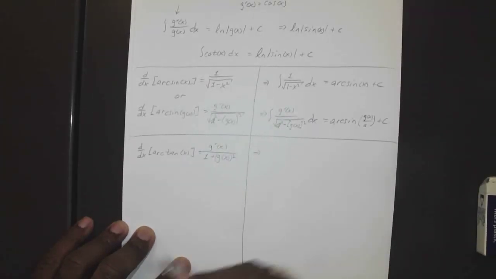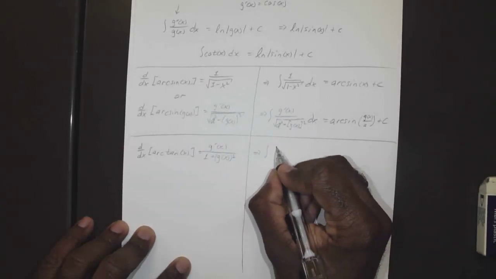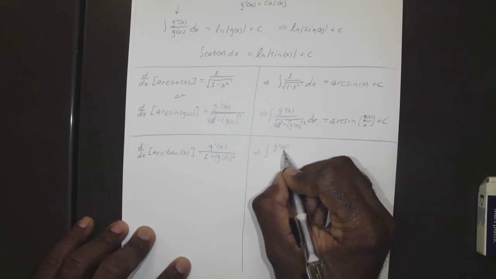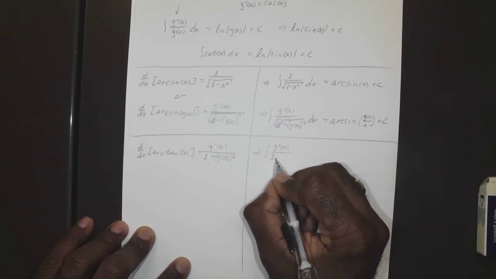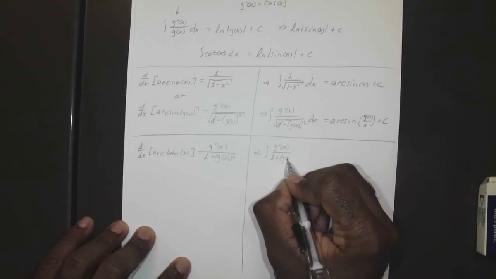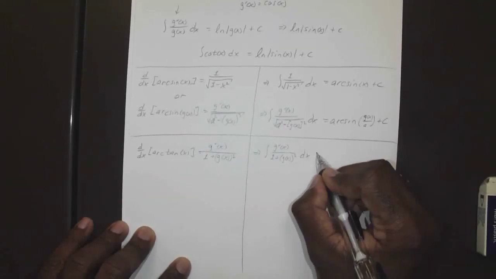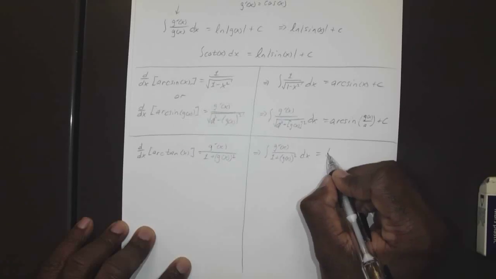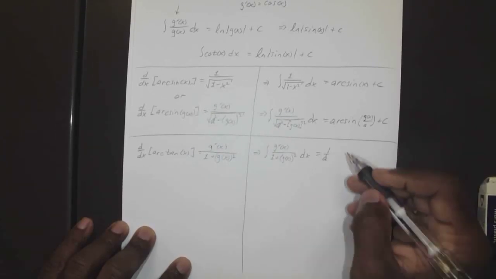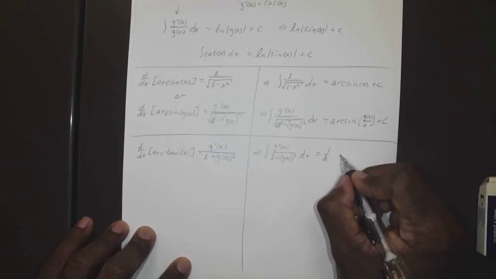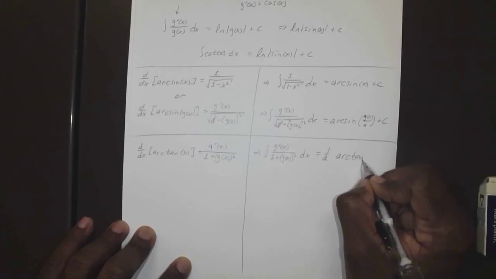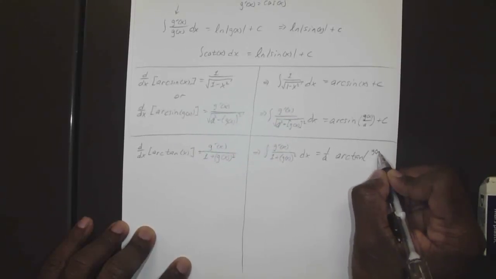We're going to integrate both sides. You have the integral of g prime of x over 1 plus g of x squared with respect to x is equal to 1 over a arctangent of x. Or g of x over a, I forgot.